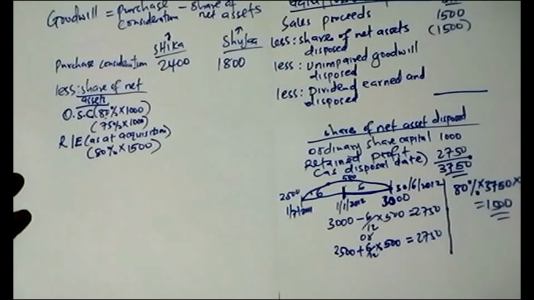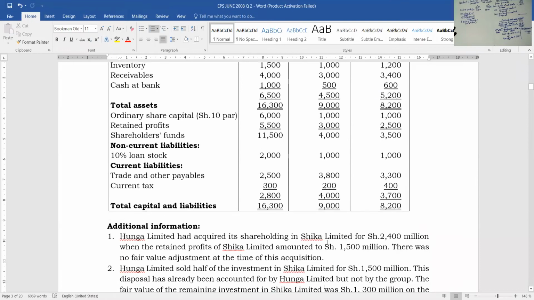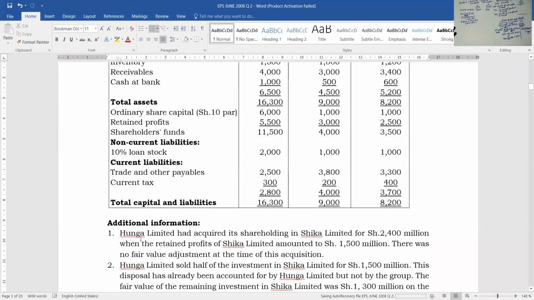It's given in note 1. I can show you that. So note 1, Unga Limited had acquired its shareholding in Shika for 2,400 when the retained profit of Shika amounted to 1,500. That is fine.